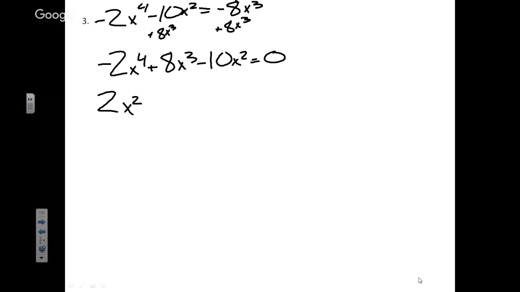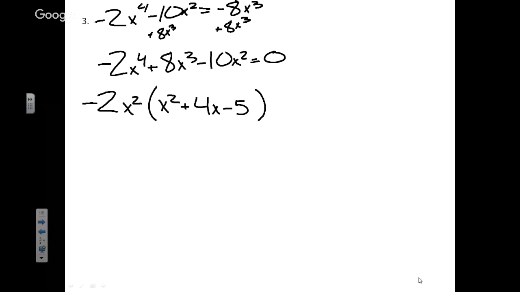No. So yeah, if you're taking this out of all of these, you could make this negative. So the negative 2x squared will make this positive, this negative, and this positive when you're factoring it out. So if we had a negative 2x squared here, they would just have x squared plus 4x minus 5.